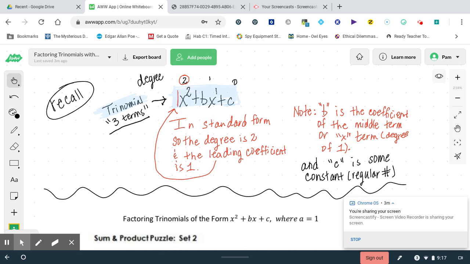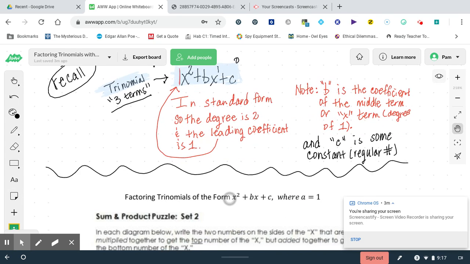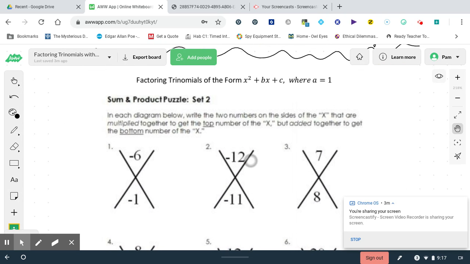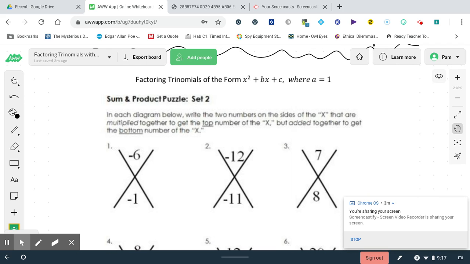But actually, before we get into it, I want to show you some sum and product puzzles before we actually get into factoring. Here, it's going to say an A of C, an A of 1. So I know it says an A of 1 right here. That A is just an understood 1 that's just right there. Notice this is B and then C. So we call that leading coefficient A. Whatever your leading coefficient is, we call it A. And now let's make a little note.